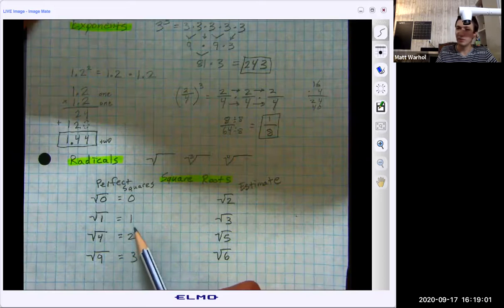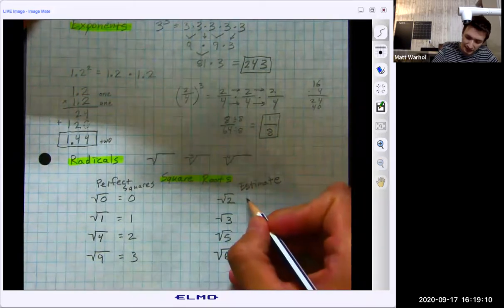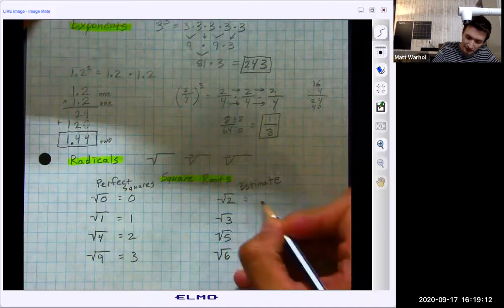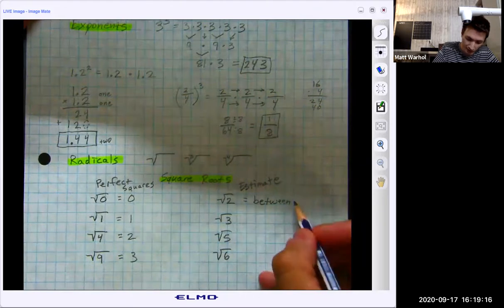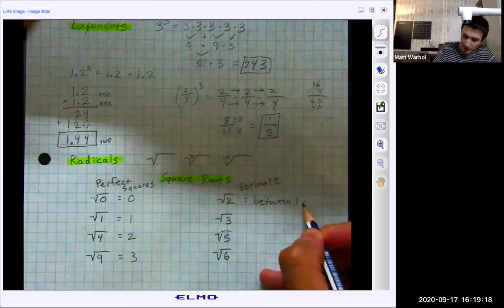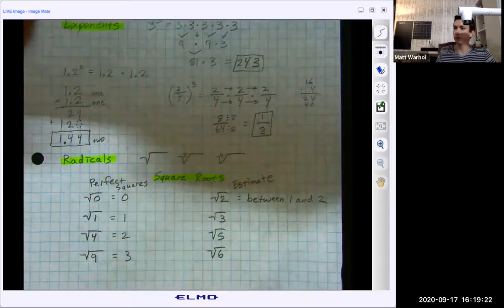It'd probably be like maybe 1.3, maybe a little bit closer to the 1 than the 2, maybe 1.2. I don't know, but I'm going to say that this answer is between the integers 1 and 2. That's my best guess, my estimate.